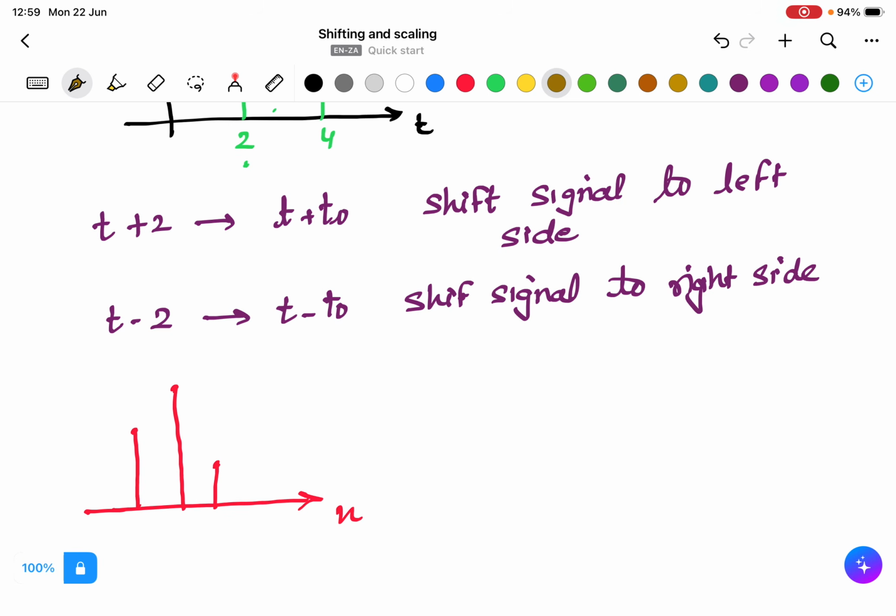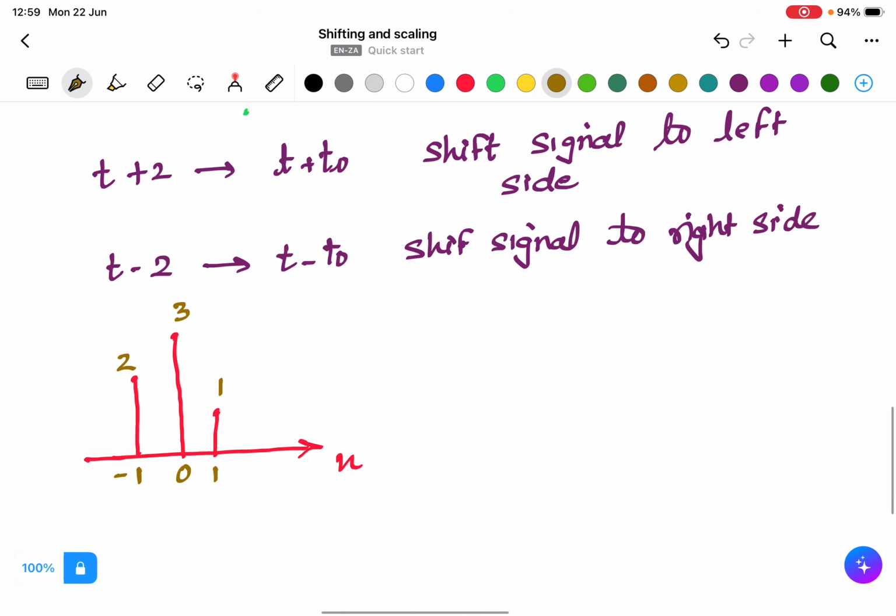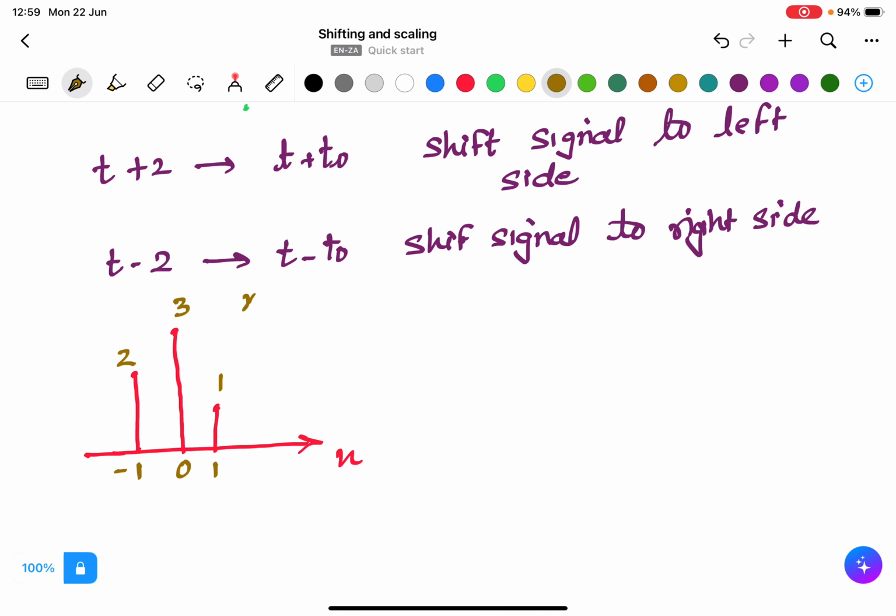Let's say the amplitude here is 2, this is 3, and this is 1, and these are at values -1, 0 and 1. This is x(n), and I'm shifting x(n) to x(n+1).